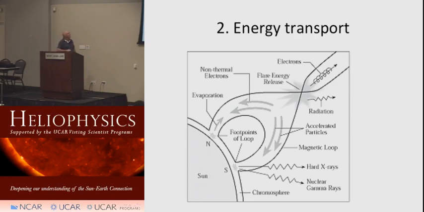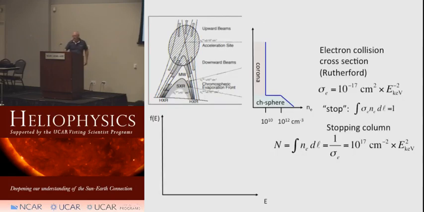Now, if we think about electrons, we're going to go back to something else we talked about on Wednesday, which is collisions and cross-sections. As the electrons make it down from the top, they will collide with particles from the plasma. The loops are not empty. They're actually quite full. And the electrons that know about this high energy are moving downward, but they're colliding.